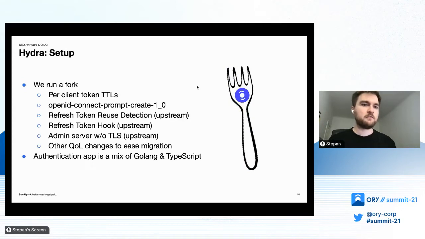And funny thing, we run a fork of Hydra. We have per-client token TTLs, a feature which is not available in the upstream. It allows us to have different clients with different security guarantees. So for example, mobile clients are a bit more secure when storing access and refresh tokens.